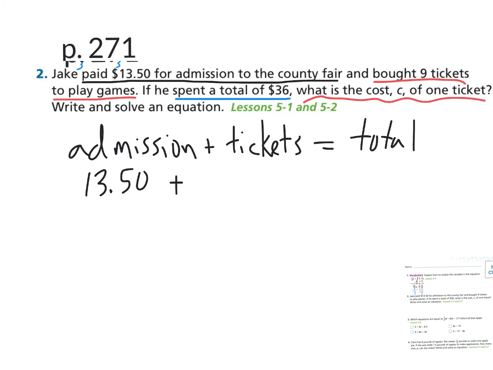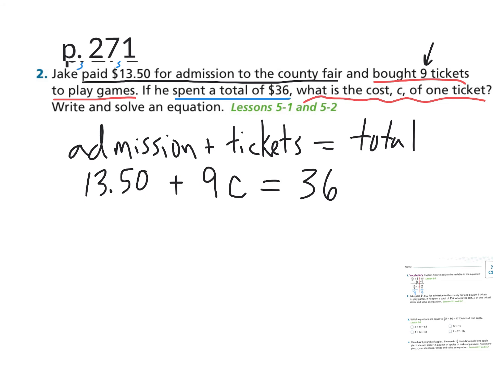The tickets, they're saying C is the cost for 1 ticket, and it tells us that he bought 9 tickets, so that would be 9 times whatever it costs for 1 ticket. And then that equals our total of $36. So that would be our equation to start with.